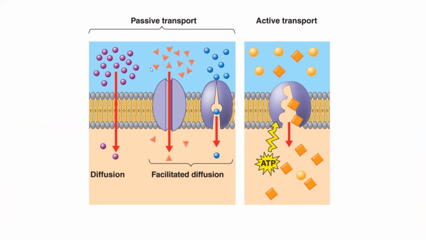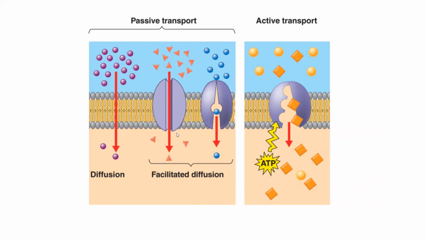But if you have a lot of something going from one place where it has a high concentration to where it's a low concentration, but it can't get through the membrane, you could still have diffusion, but it has to be something called facilitated diffusion, where you use a transport protein to go from high concentration to low concentration.